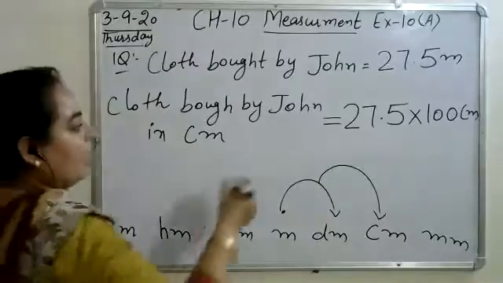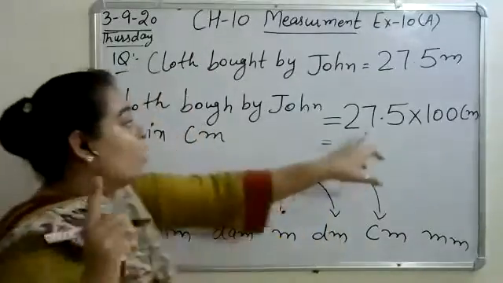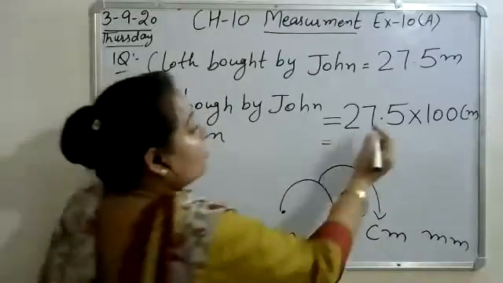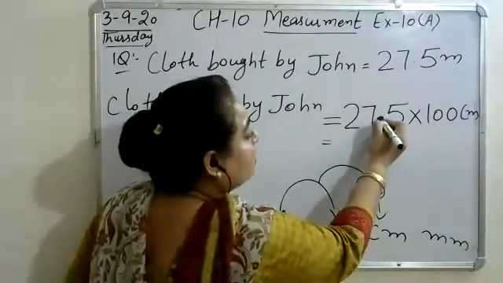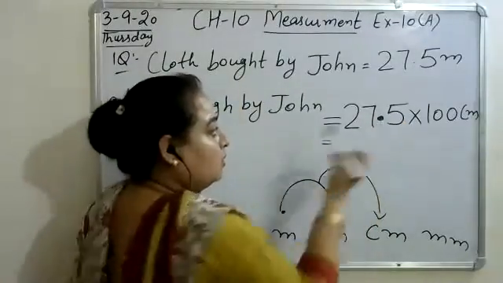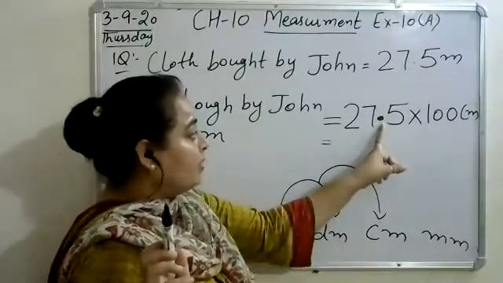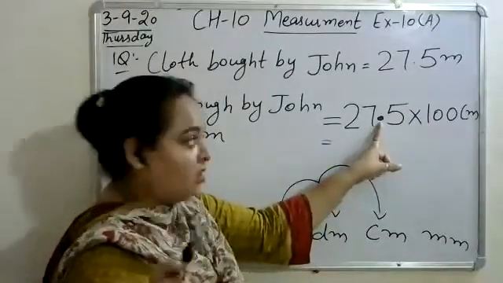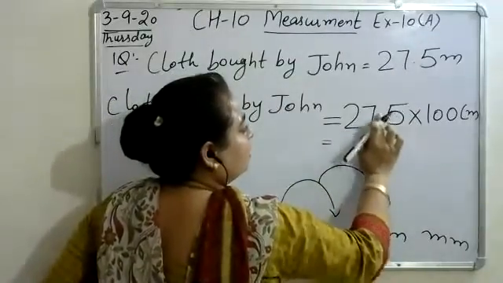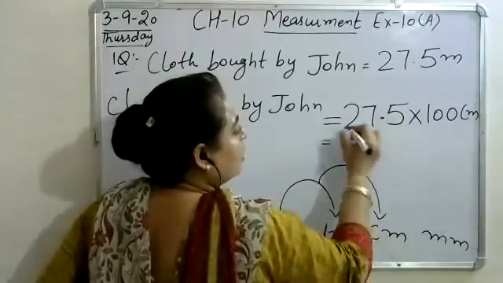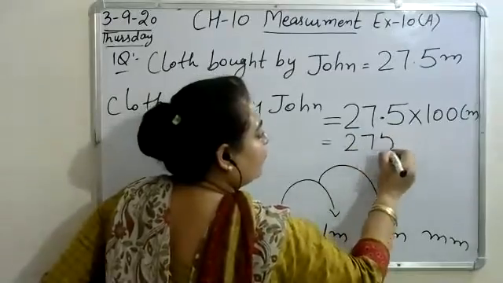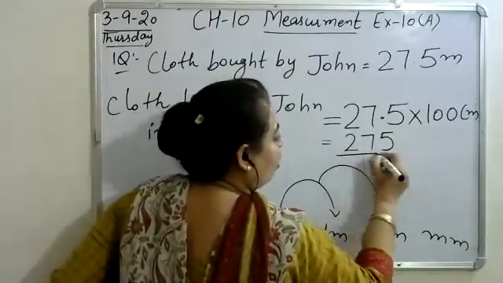Now, recall the concept of decimal from class 4th. You have already done it. This is the decimal. When you remove this decimal, you will write 275 upon.